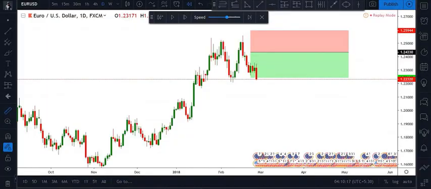This is how you do the backtesting process. You have to test each and every strategy you use to trade in the market before you use it to trade with your live money. Otherwise, you're going to lose a lot of money in the market. Alright.